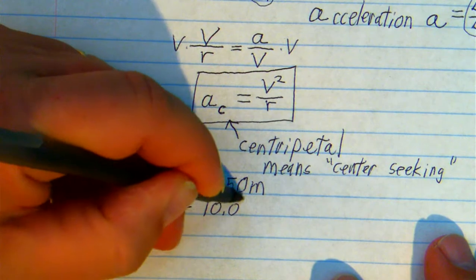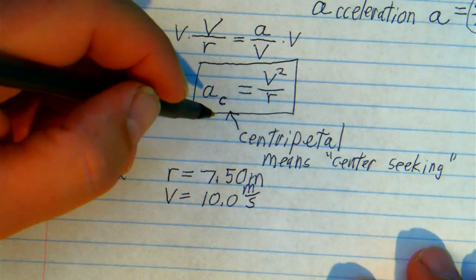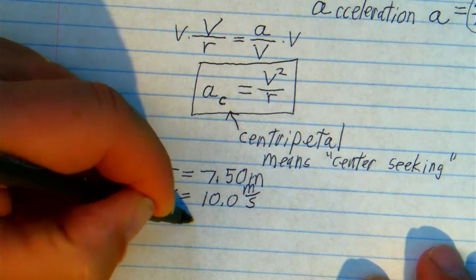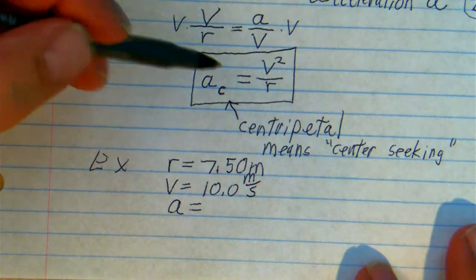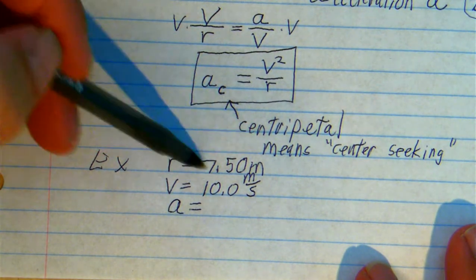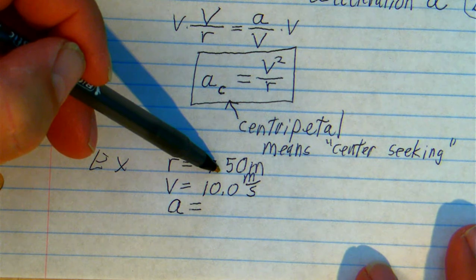10 meters per second. All right, that is enough information right away that we can calculate how much an object moving at 10 meters per second around a circle that's a little more than half the width of a classroom in radius.